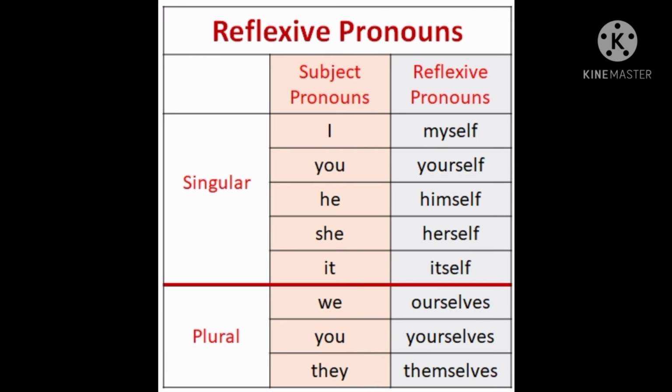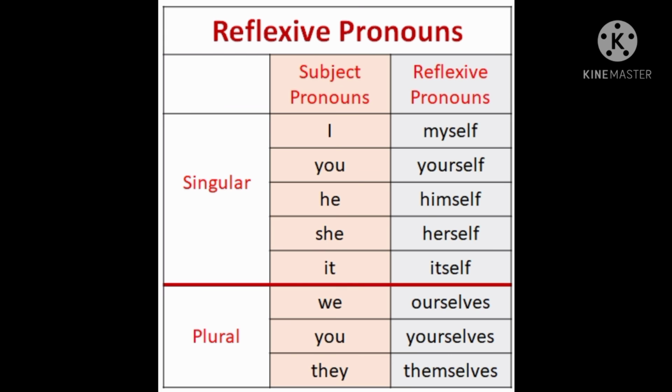The subject pronouns I, you, he, she, and it are always singular. In case of I, we need to use myself. In case of you, we need to use yourself. In case of he, himself, she, herself, it, itself. But in case of plural subject pronouns like we, you, and they, we need to use ourselves, yourselves, and themselves.